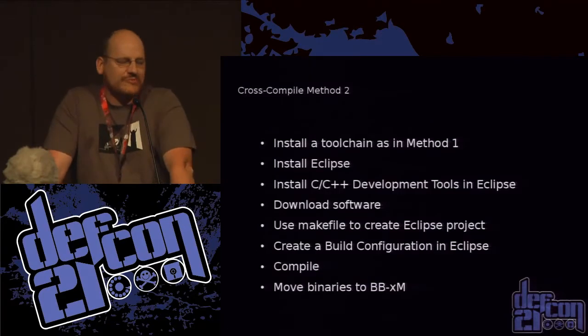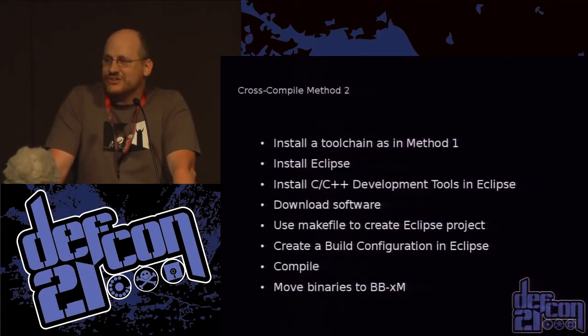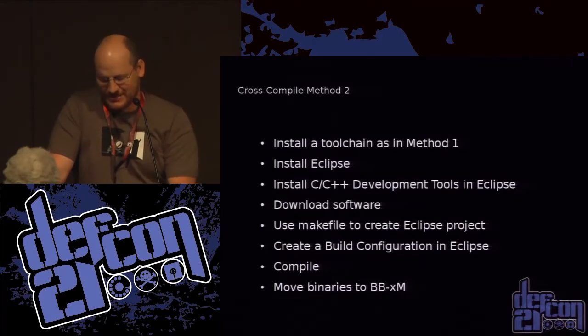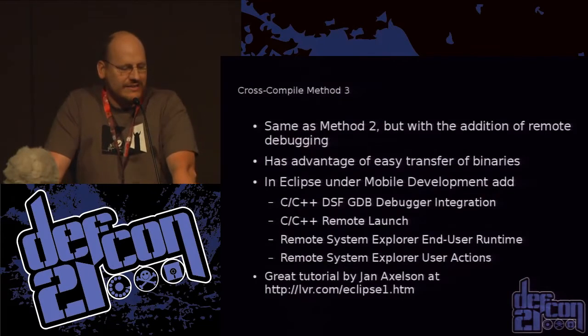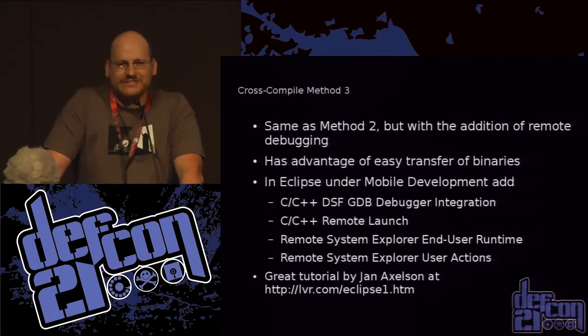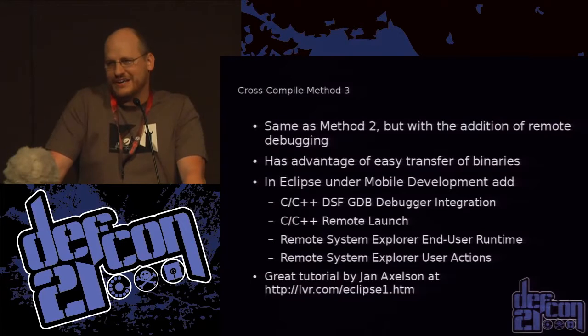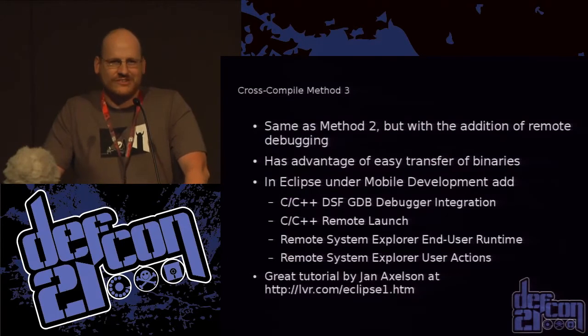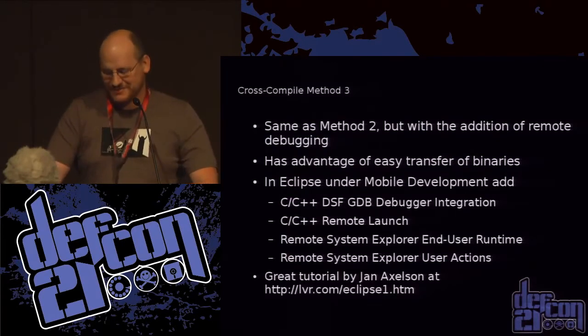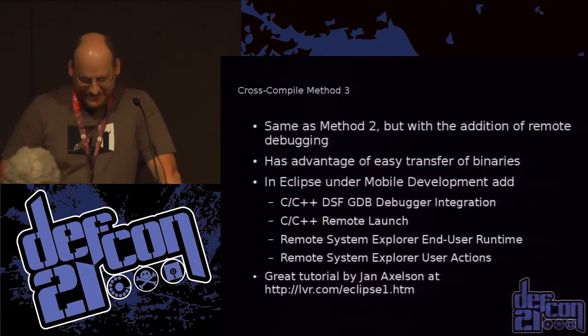You can be a little bit more fancy and you can start using Eclipse, and there's some good instructions on how to do that online. And you can get really, really fancy and enable remote debugging. I refer you to Jan Axelson's tutorial, which has a link to that at the bottom of the page. If you have questions about this stuff, ask me later.